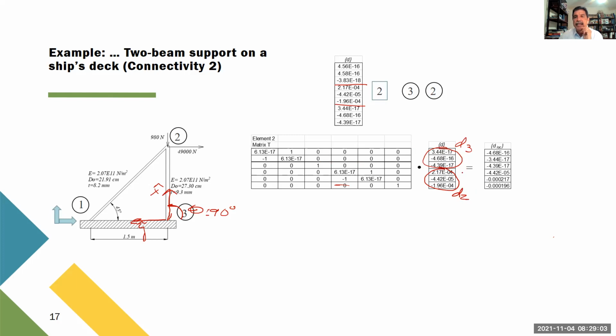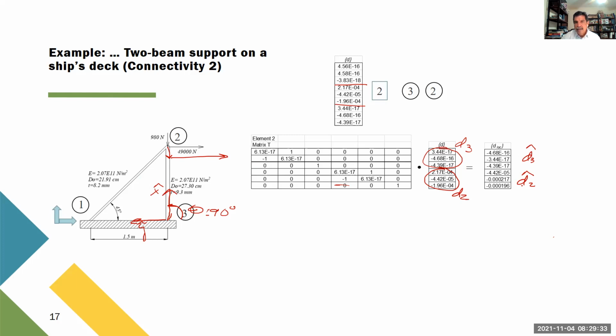We do this multiplication, and this is D3 in the local, and this is D2 in the local. Okay, now, this is negative. That means that this point moves downward. And this one is negative. So if this is positive, you move to the right. And this is exactly what we obtained in the other case.